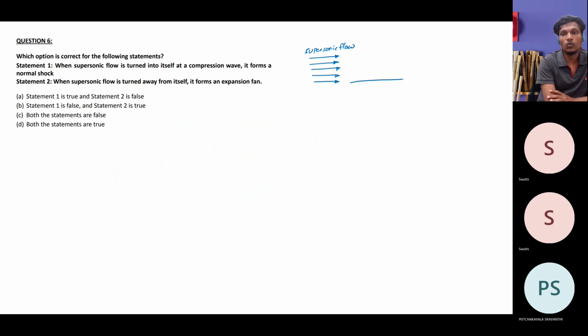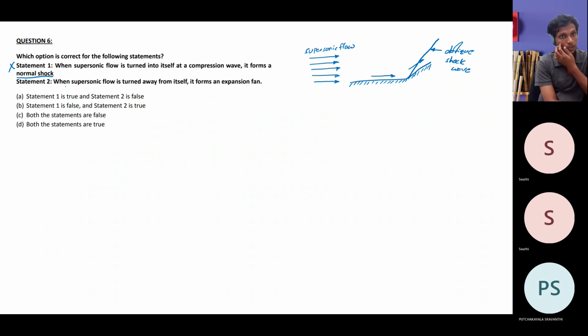That means it is flowing over a wedge and turning into itself. The statement says a normal shock wave will form at this turning location. But when a supersonic flow is turning into itself, we see an oblique shock wave. It is not a normal shock wave. So the first statement is false.